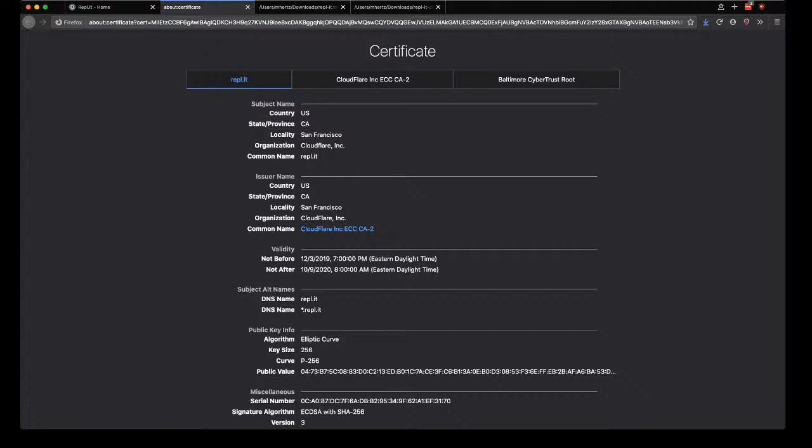But when you do that, you get a page like this. This is Firefox's way of showing the certificate from Replit. You can see the name is Replit, based in San Francisco, California, and you can see who issued them their certificate.